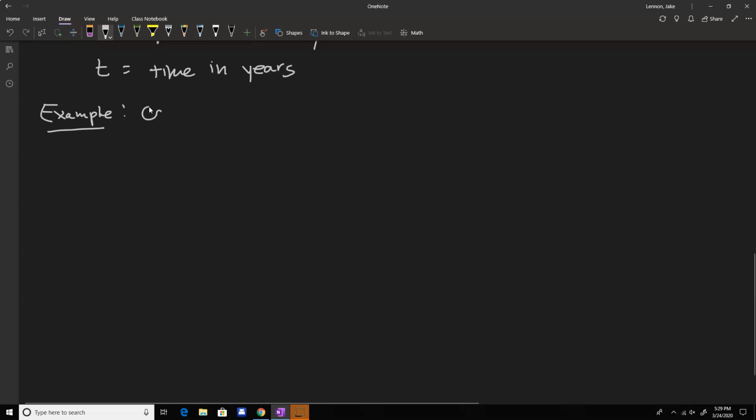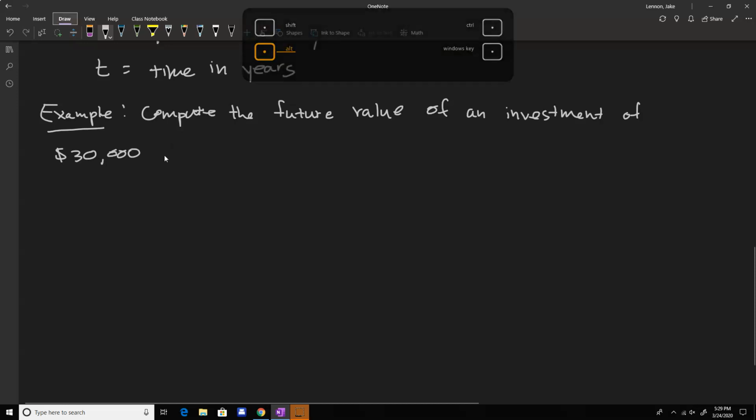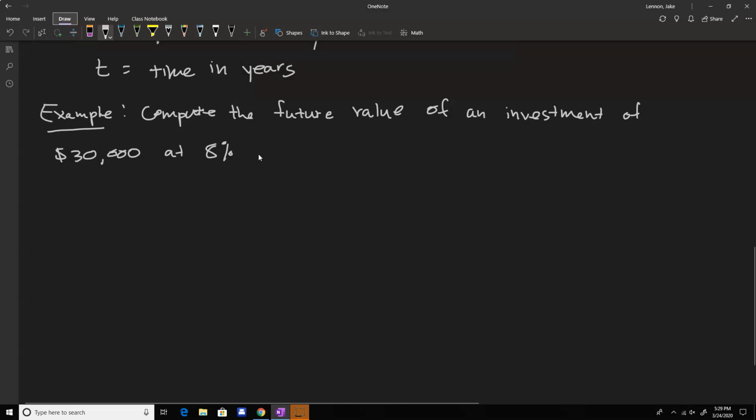Compute the future value of an investment of $30,000 at 8% for 5 years, if, part A, it is compounded annually.